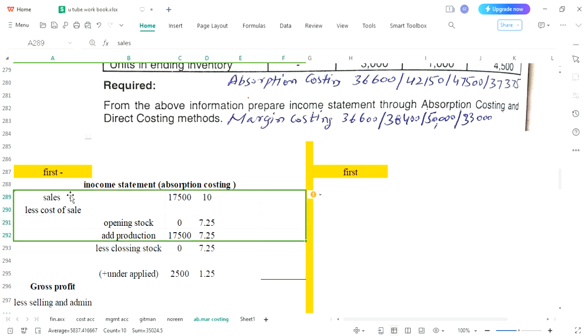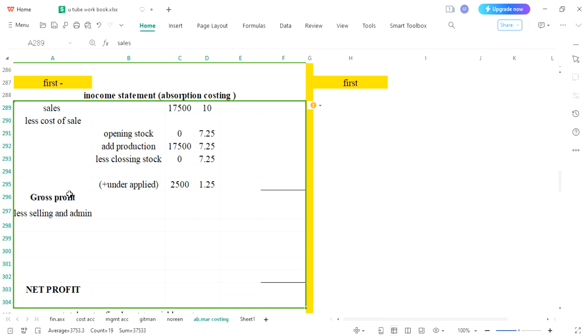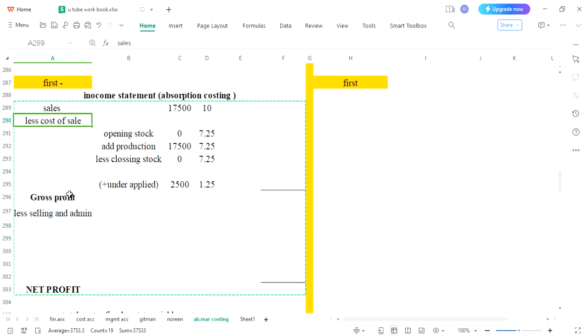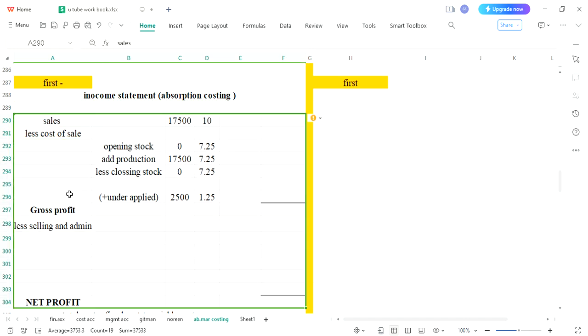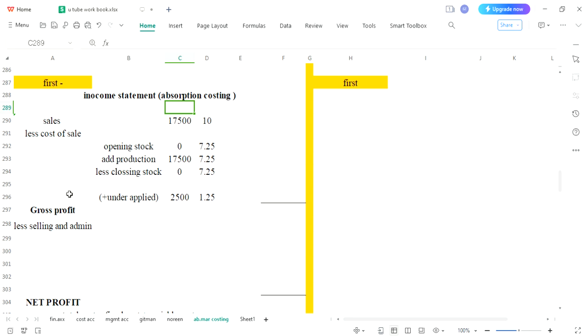And let's make a little space over here. So here you will write your units and per unit, and then you will write your amount over here, and you need to write your amount here as well.